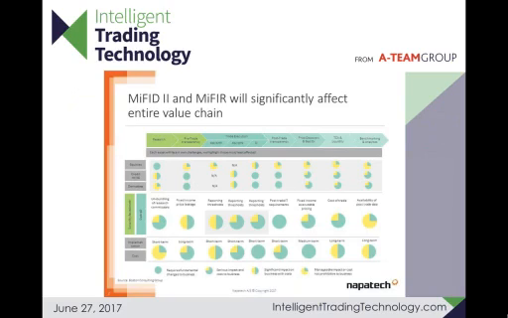But as you can see in this slide, MiFID II and MiFIR will affect a large part of the activities involved, all the way from research and pre-trade transparency to liquidity, benchmarking, and analytics. So it's quite broad, and you can see the impact on some of these areas is quite large. So it definitely has to be taken quite seriously.